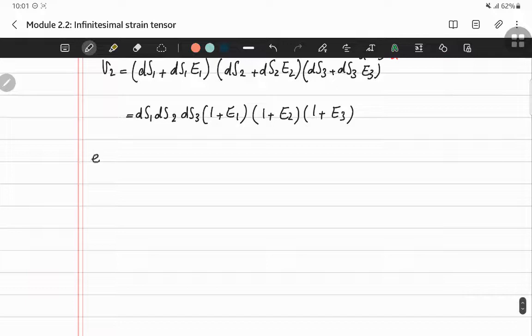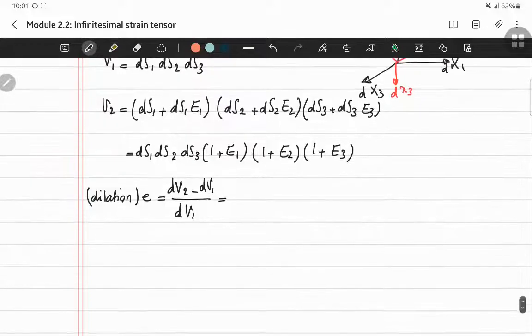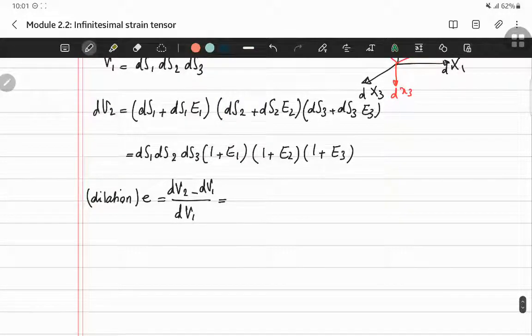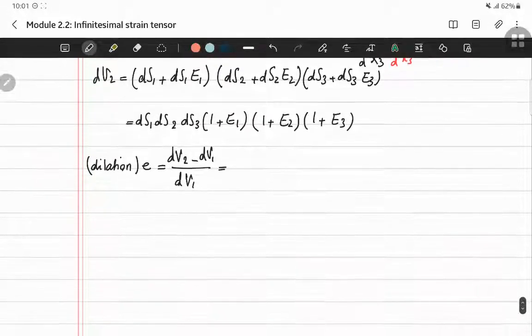If we denote the dilatation by the letter e, we have V2 minus V1 divided by the initial volume. Since we are talking about very small elements, this is dV1 and dV2.